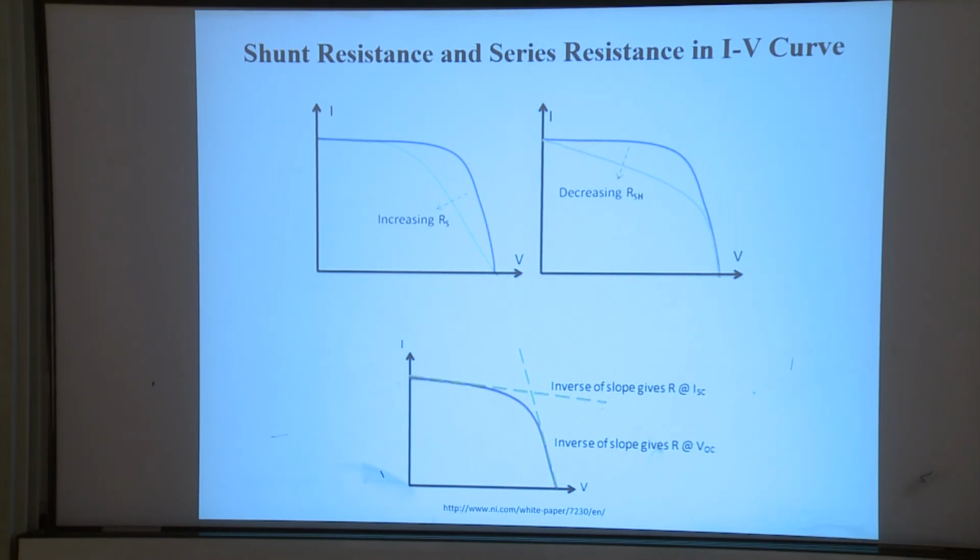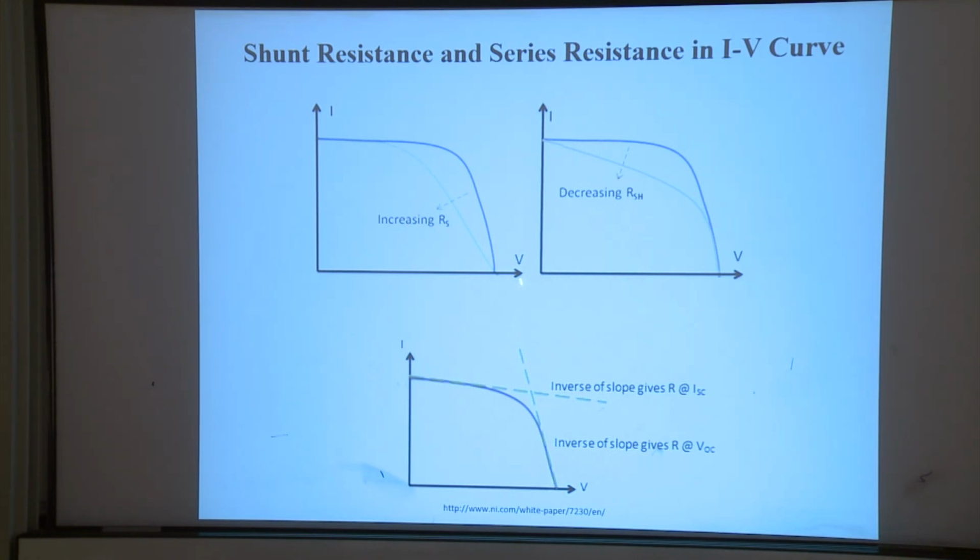All right. So you want to keep the curve near ISC as flat as possible. Usually this can be achieved. And you want to keep the curve at VOC as straight as possible. But even for the best solar cell, it will not be straight. It will always be a little bit inclined, right?